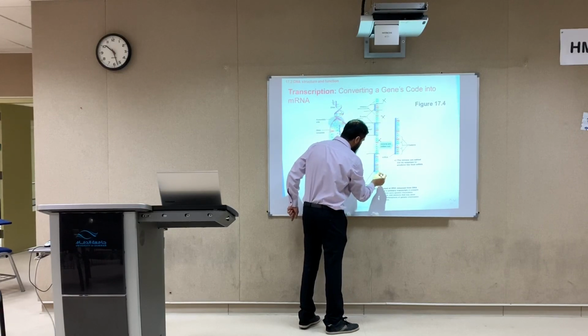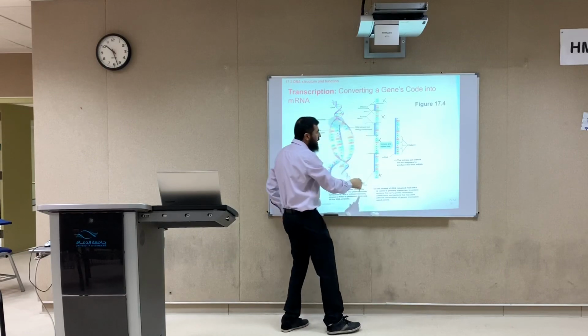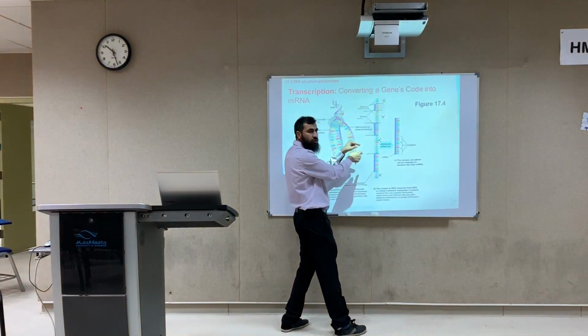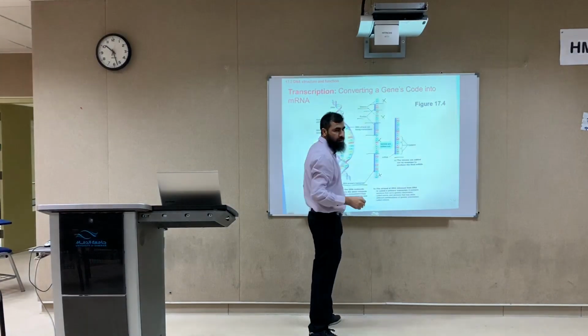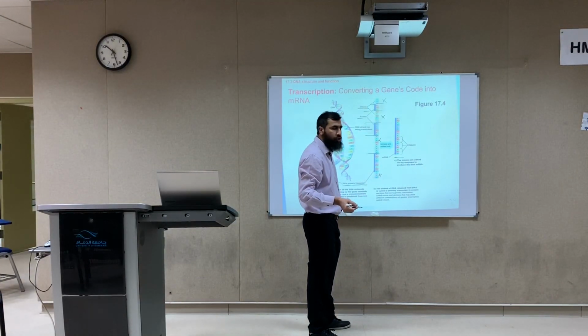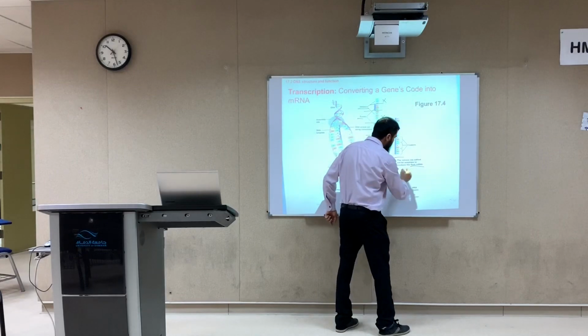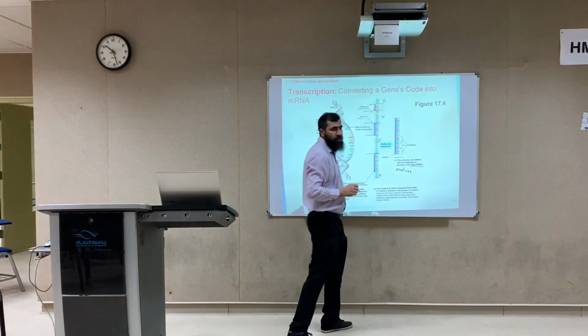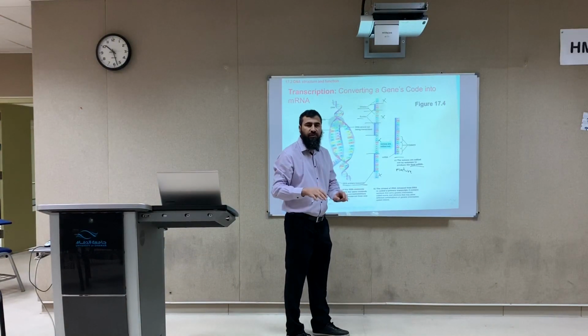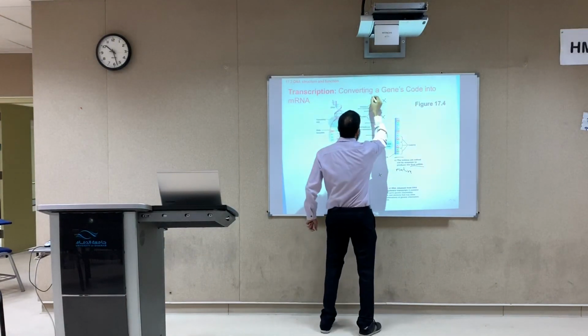So the introns are cut out and the exons are joined together to give what we call the final mRNA transcript, or mature. Who is responsible for removing the introns? Enzymes, there's actually a wide range of enzymes. It's actually called the spliceosome, okay?